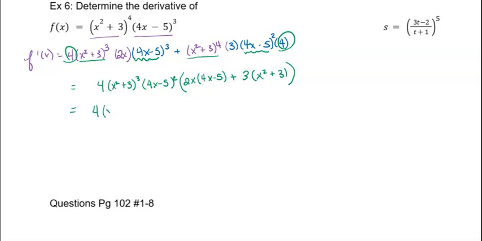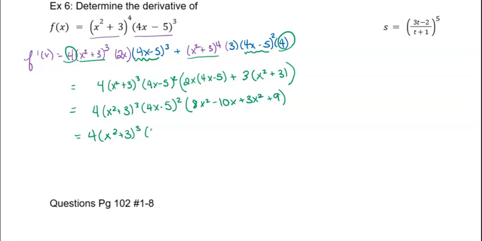Okay, now I'm just going to leave all my factors out front here as is. And I'm going to clean this up on the inside. So 2x times 4x, 8x squared minus 10x plus 3x squared plus 9. All the factors out front stay as they are. And then these can be combined a little bit more. 11x squared minus 10x plus 9.